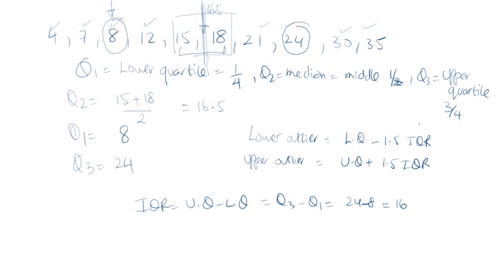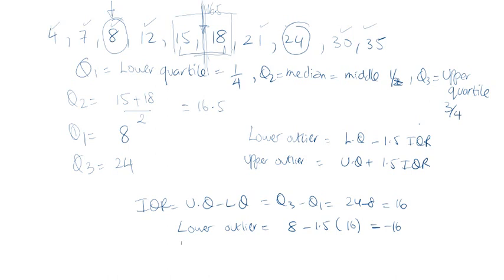Let us try to find the lower outlier now using this data. The lower outlier is the lower quartile, which is 8, minus 1.5 times the interquartile range, which is 16. If we do that, we get minus 16. So minus 16 will be that cutoff point from which, if we go beyond that, any value found there will be an outlier.